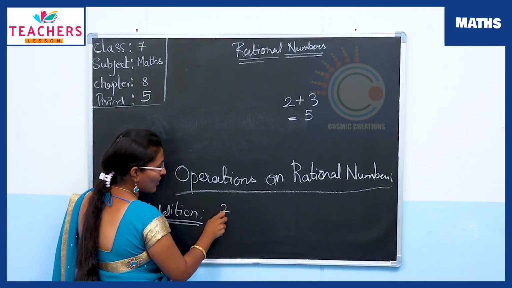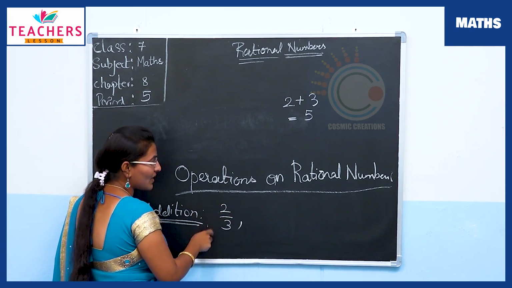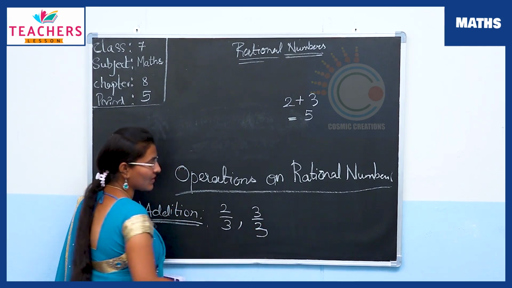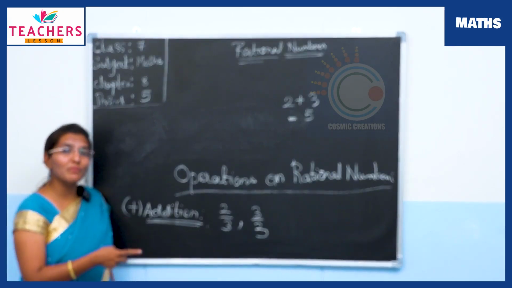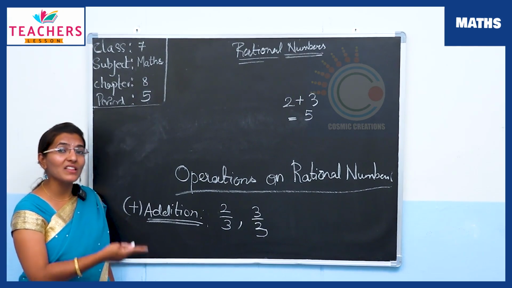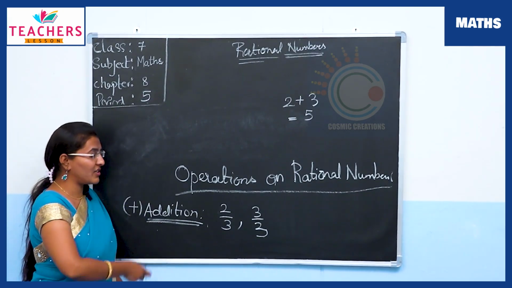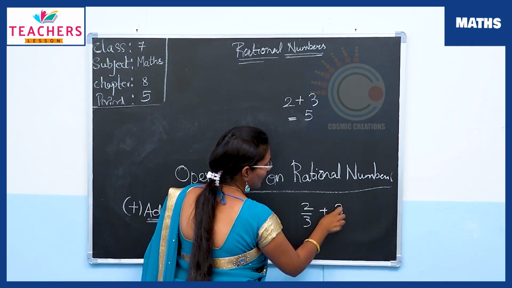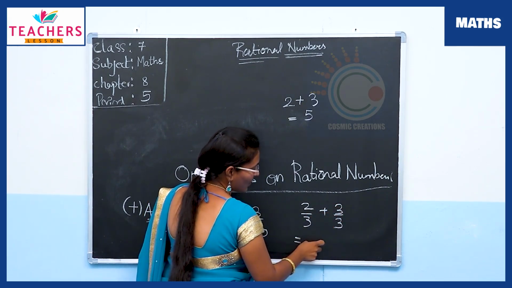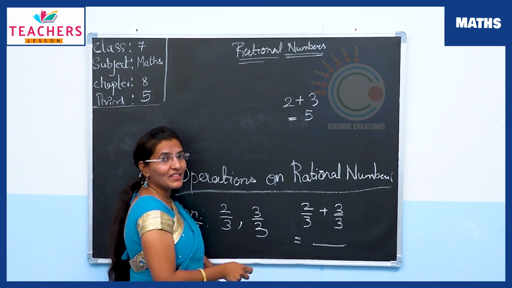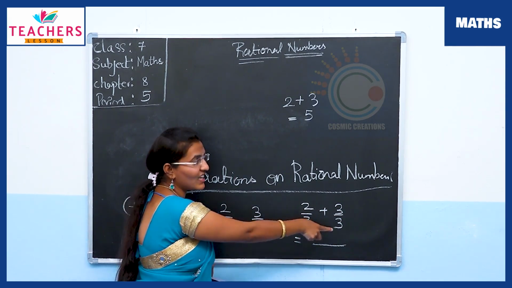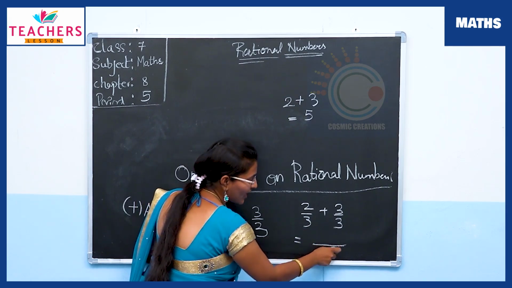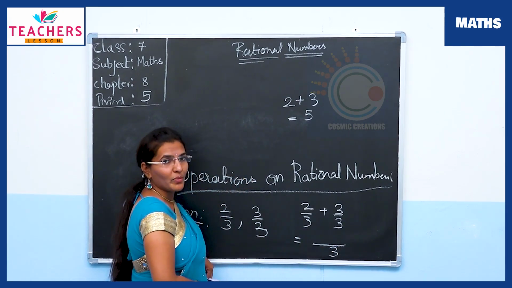If you have two numbers, 2 by 3 and 3 by 3, for these two numbers how are you going to apply addition? 2 by 3 plus 3 by 3. Generally we see that the denominators are common, so you write the common denominator.